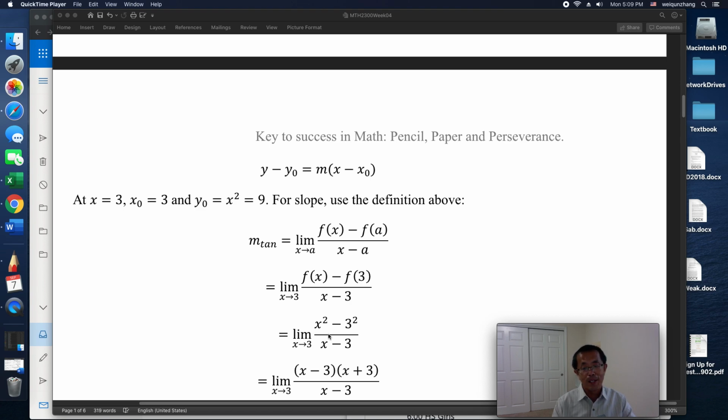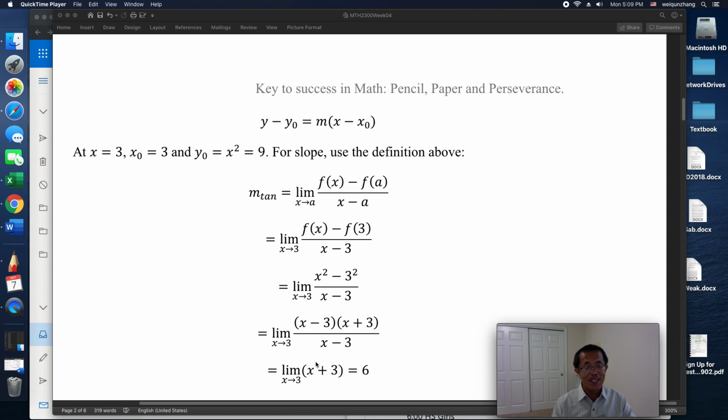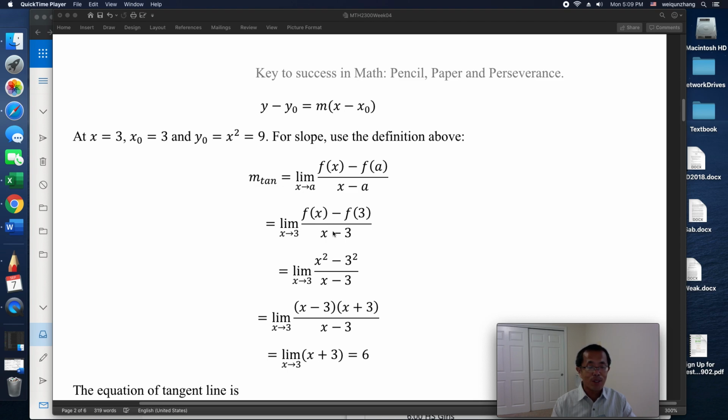And hopefully, we do know how to handle this situation very well. The numerator can be factored, and then this bad part of the denominator is cancelled, right? x minus 3 is cancelled. So the limit turns out to be the same as the limit of x plus 3.